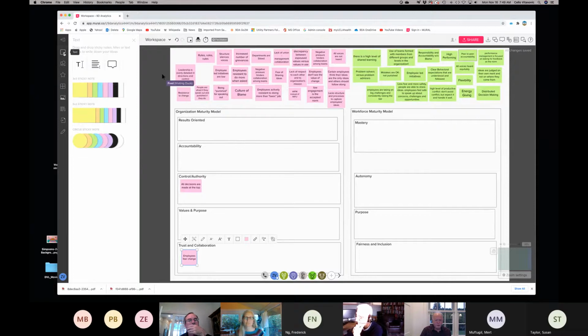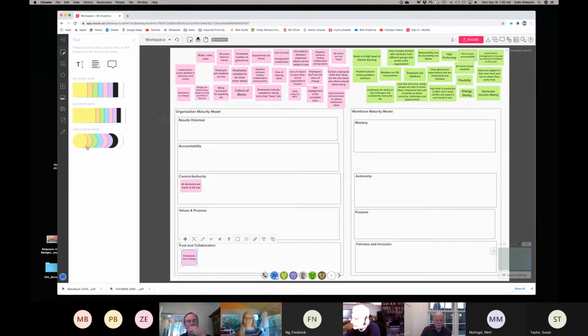It's second from the top, above the shapes and stuff. You should see a bunch of sticky notes on the left. Let me know if you see that. I hope you see that on my screen. Yes. Okay, does anybody not see it?